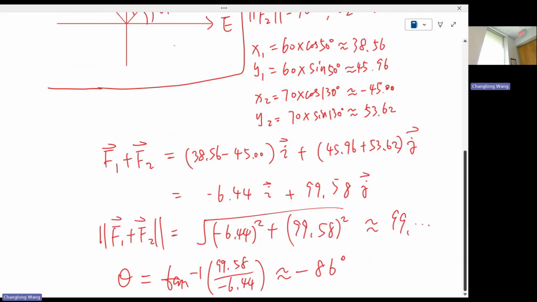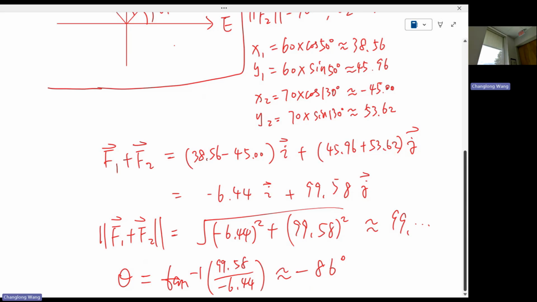We're looking at a vector with negative run and positive rise. Which quadrant should it be in? Second quadrant. But what does it tell me if you get an angle of negative 86? It's in the fourth quadrant, right?